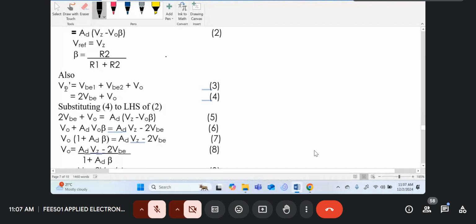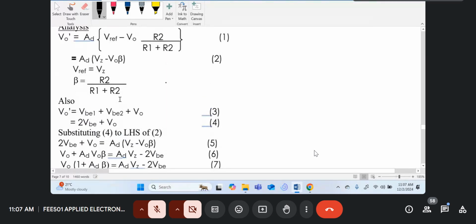And also, V naught dash is equal to VB1 plus VB2 plus V naught, or we can write V naught dash is 2 VBE plus V naught. Now, from equation 2, V naught dash was equal to AD into brackets Vz minus beta V naught.